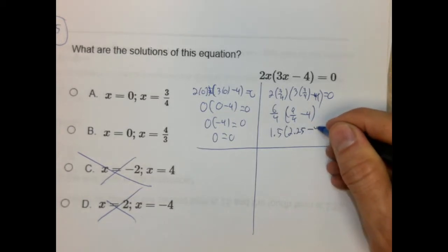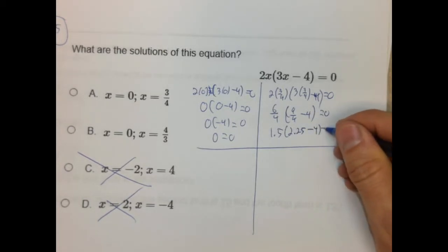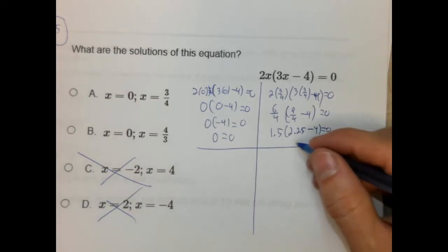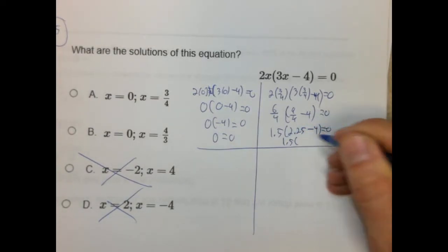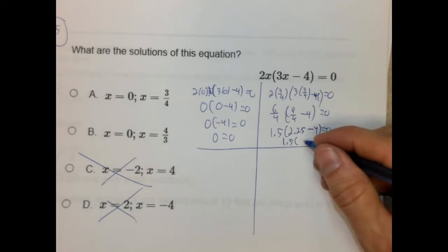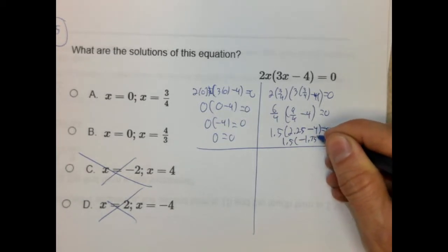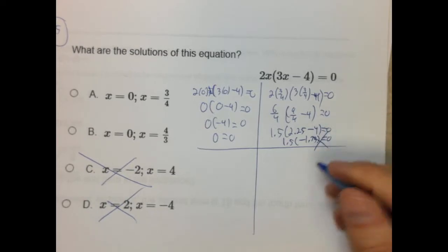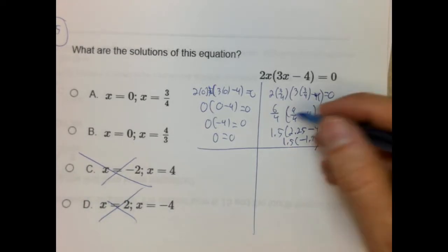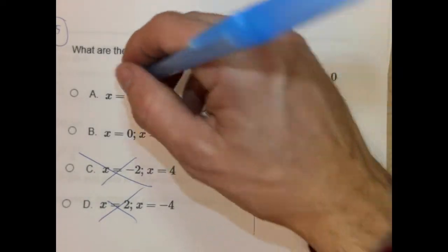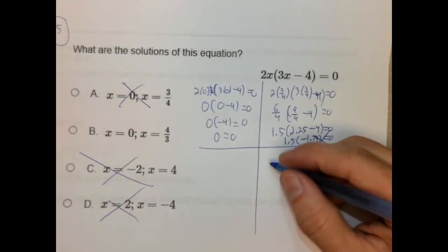Let's change it to decimal. 1 1/2 times negative 1.75 is not equal to 0. We're going to stop there. So 3/4 is out.